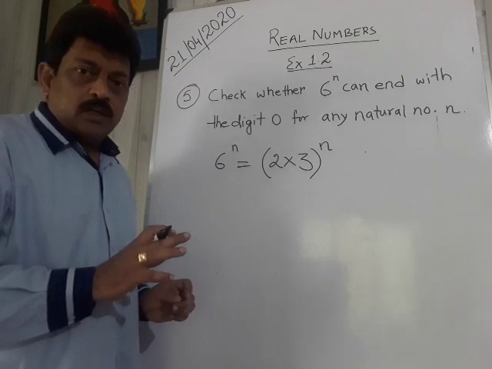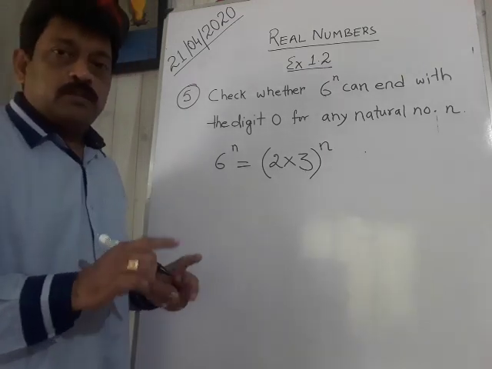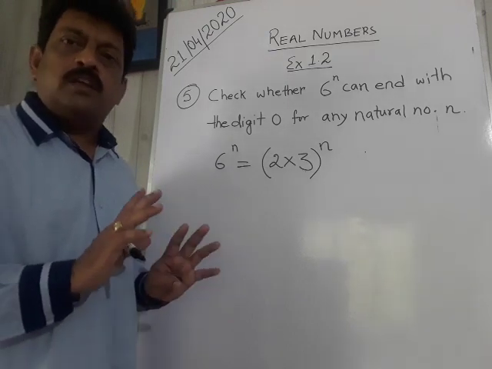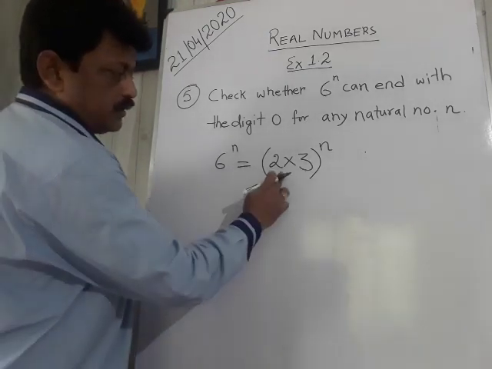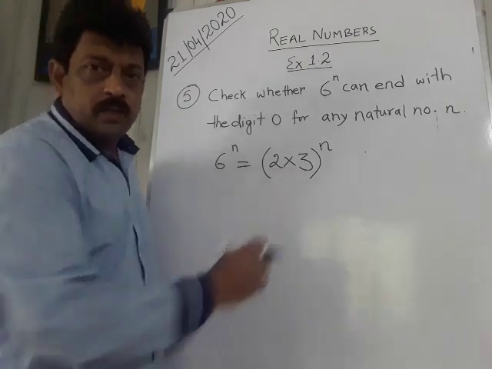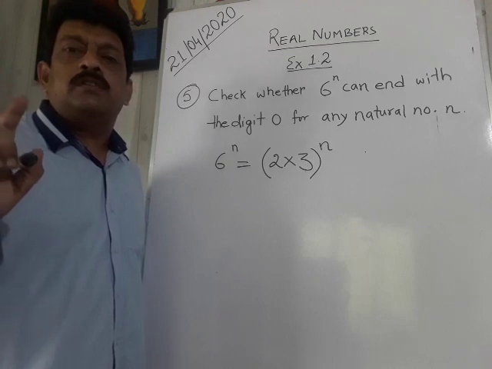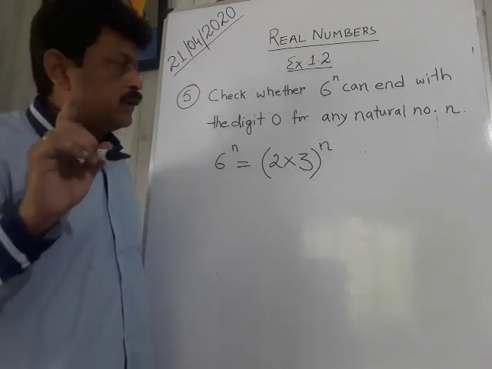According to the condition, if a 2 is there and at least one 5 is there, then it will end with the digit 0. So here there is 2 but 5 is not there. So 6 to the power n will never end with the digit 0 for any natural number n.